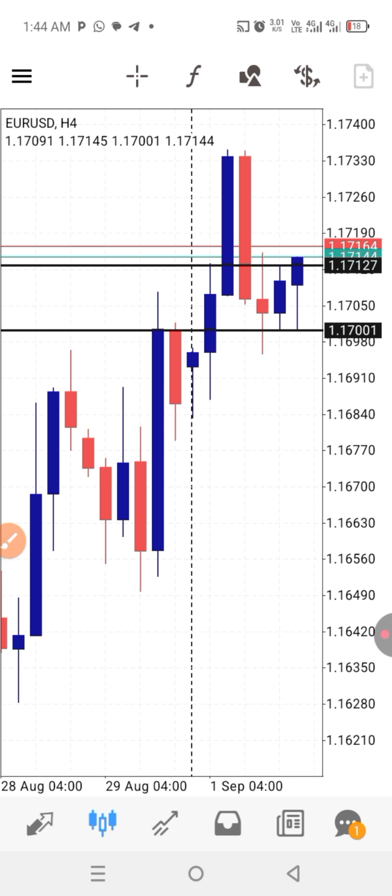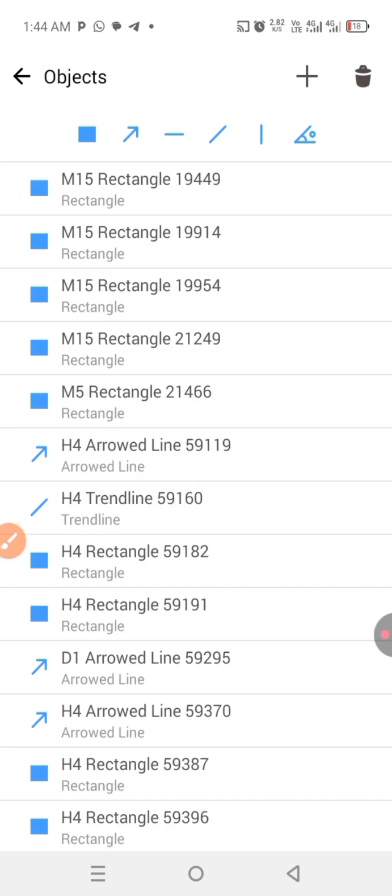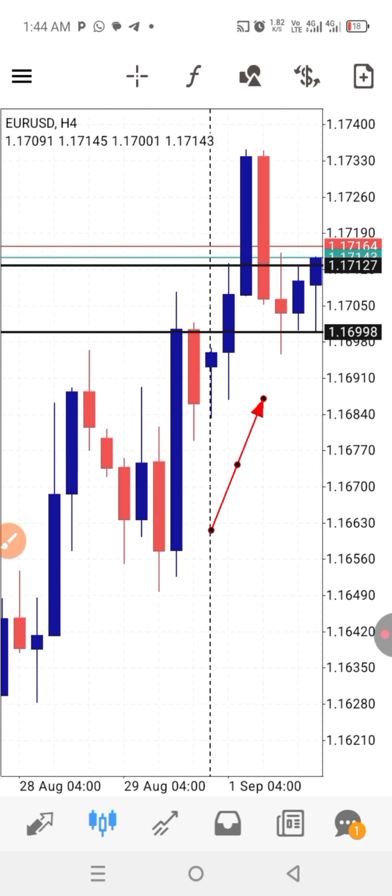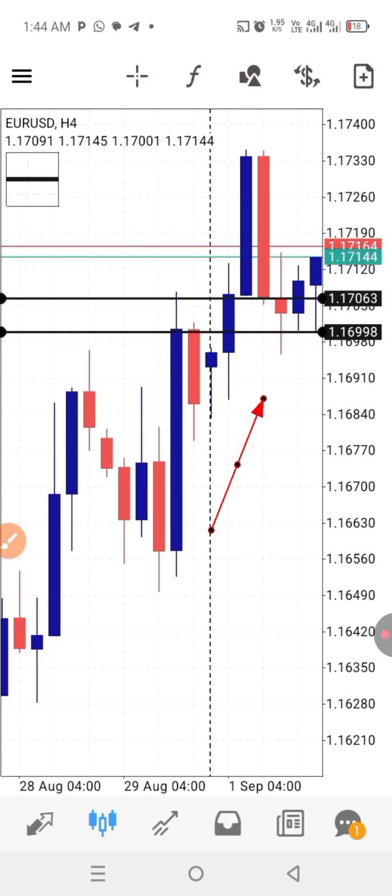All right, so here is a sample guys. I've marked the low of this candle, so I'm assuming that this candle is the beginning of the day. Are you seeing this candle here? I've marked the lowest of this candle and also the high of that candle.